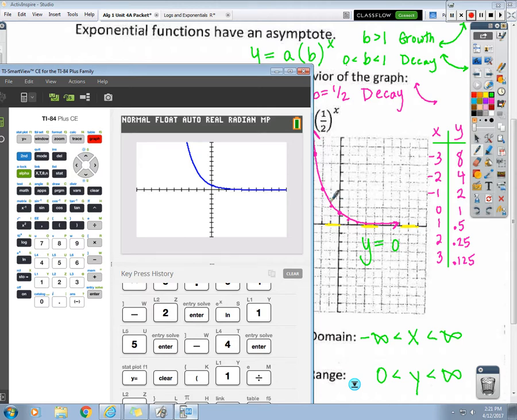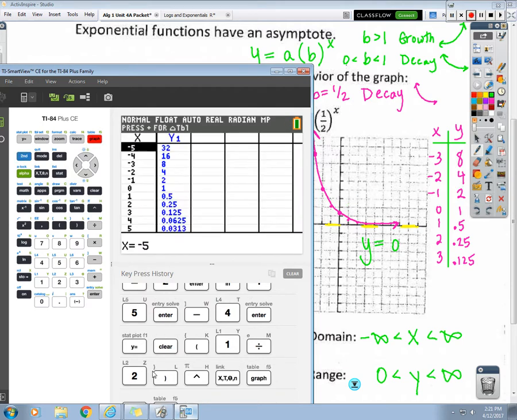Now, so we see that it's looking good, but to make sure we have the right points, can't we just go to our table? Look, -3, 8, -2, 4, -1, 2, 0, 1. Don't we have all of those points? And then, look, we didn't go past 3, but had we, see how, when you go to 4, 5, and you continue, they're getting closer and closer to 0?